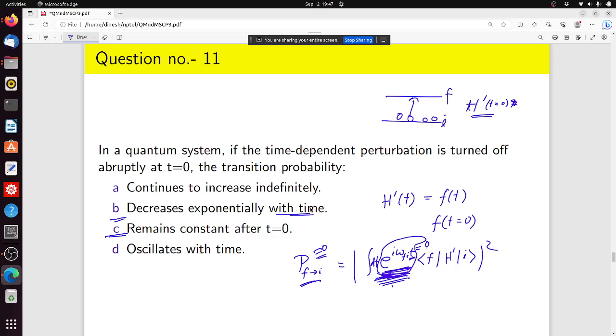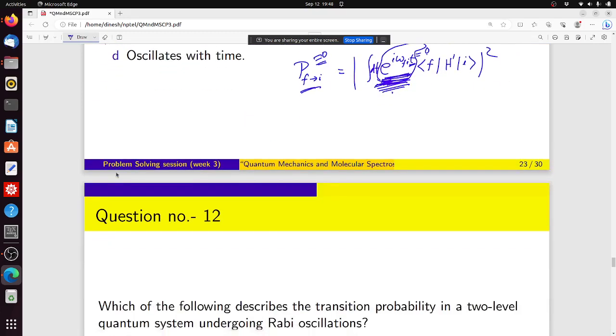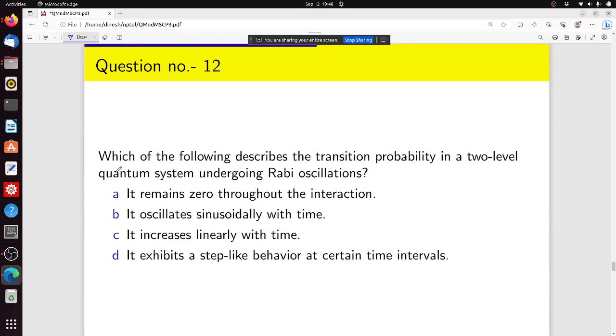It's confusing actually. Okay, we'll check it. According to my source, this is the right answer. Okay, let's move on to the next question.